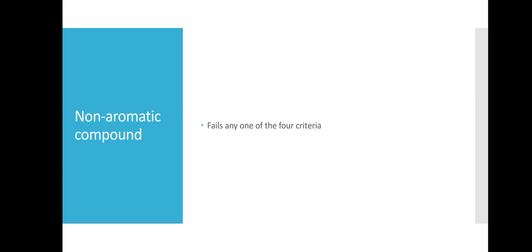We will see the next one, that is non-aromatic compounds. It fails any one of the 4 criteria: whether the compound is cyclic or not, stable or unstable, obeys the 4n plus 2 rule or the 4n rule, and has pi electrons.